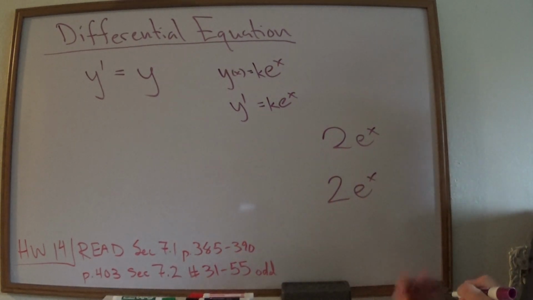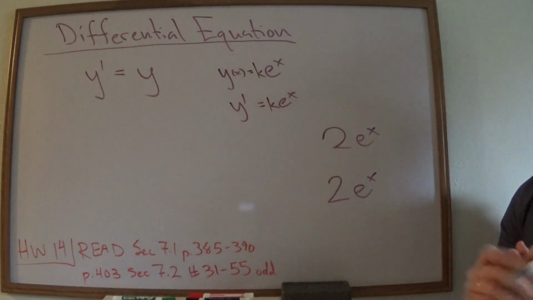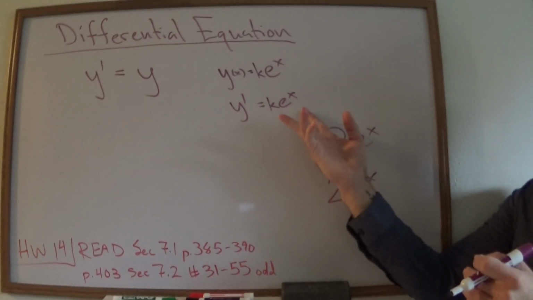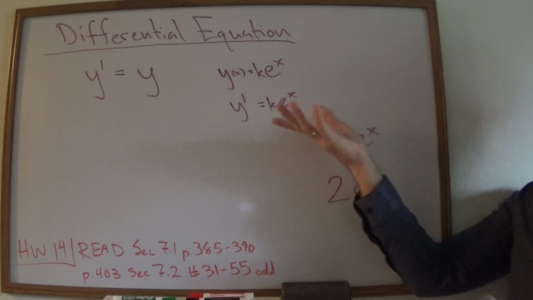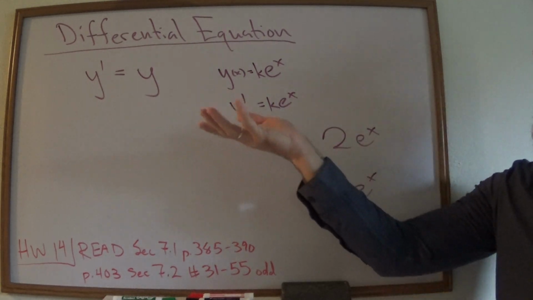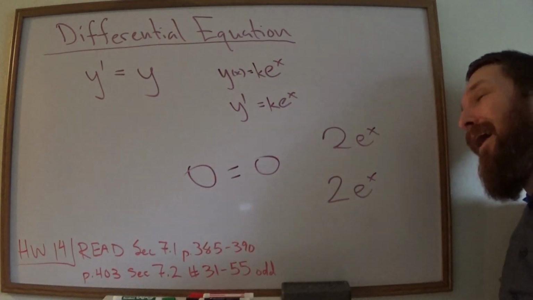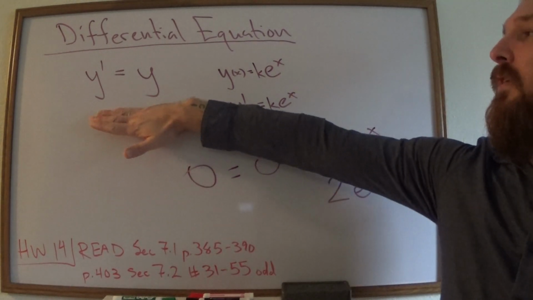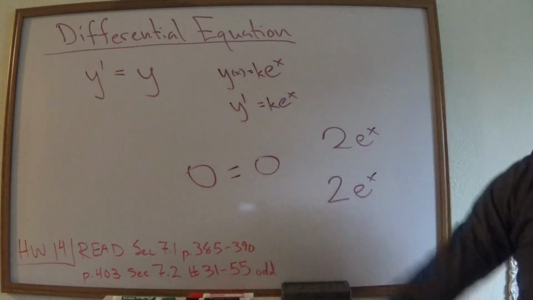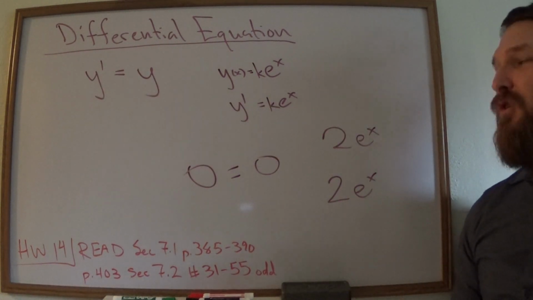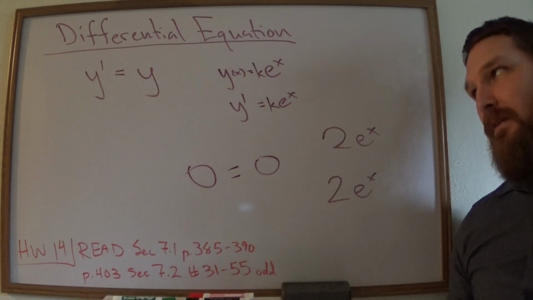So there's actually a family of functions for which this is true. Infinitely many, right? I could put any number in here. I guess 0 does work. Because what's the derivative of 0? Well, it's 0. Does 0 equal 0? Yeah, okay. And that's one of the things with differential equations. Oftentimes, 0 works, but it's called the trivial solution because it's trivial, right?